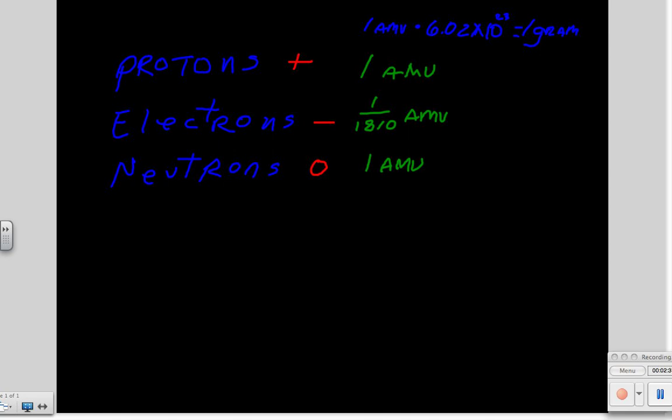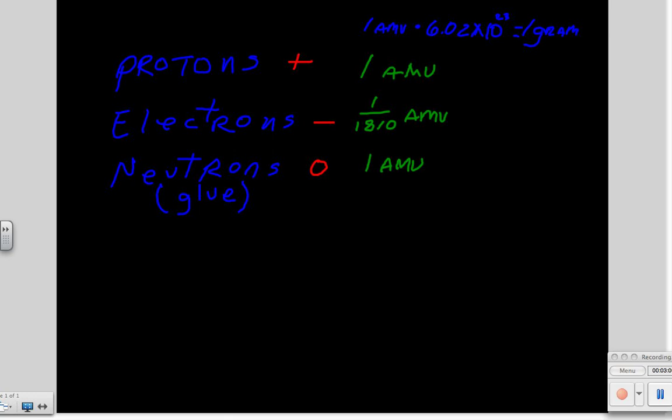So I have these three subatomic particles: protons, electrons, and neutrons. I want you to start thinking of a neutron as the atomic glue that holds protons together in the nucleus. Protons are positively charged, and if you're trying to put a whole bunch of positively charged particles together, they would normally repel each other.